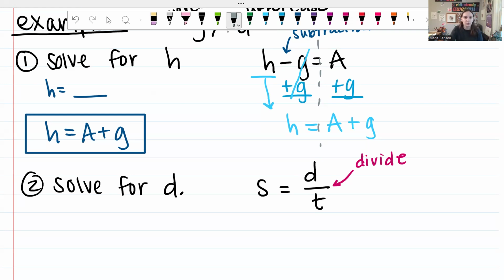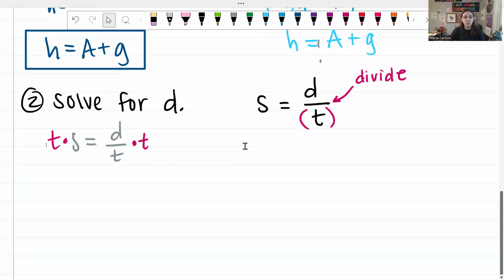So I'm gonna actually write my equation down over here. S equals d over t, and I have to multiply both sides of this equation by what's in the bottom. So multiply both sides by t. So when we do this, t times s is just ts, or I could even write this as st is equal to, and the t's will cancel.